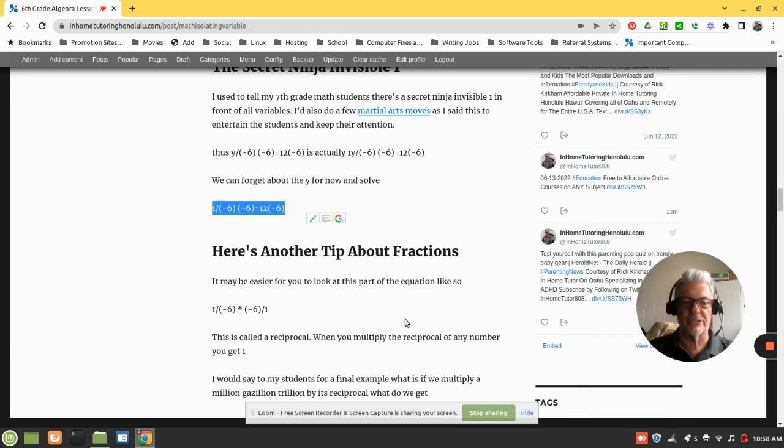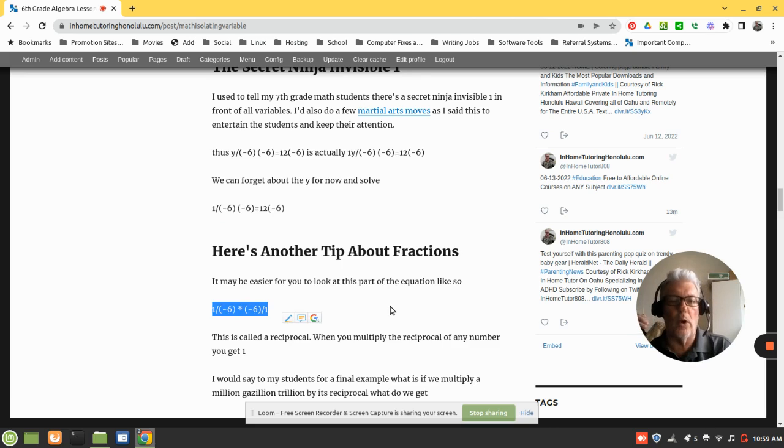So here's another tip about fractions. I can take that same equation and make it 1 over negative 6 times negative 6 over 1. I show that to my students because it's a lot easier to visualize multiplying that, because you just multiply straight across, right?